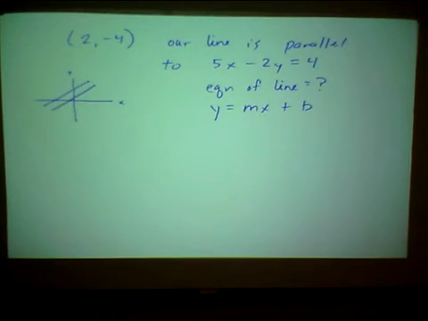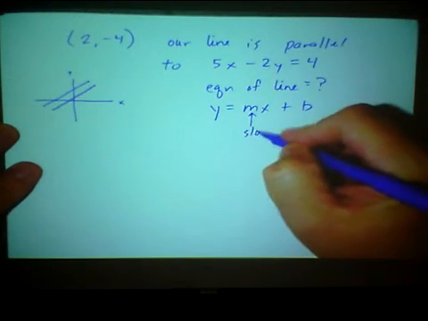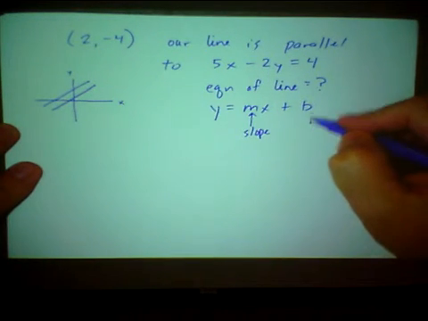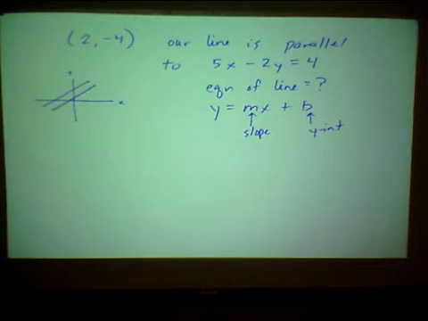Now the two things we have to determine, if we can figure these two things out, then we will have the equation of a line. We need to determine m, which is the slope, and we need to determine b, which is the y-intercept. If I can determine m and b, then I will have the equation of our line. So how can we go about determining those?